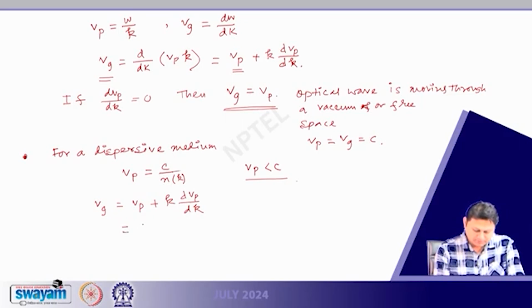So I have Vp plus k, and then I need to make a derivative. Since n is a function of k, I will write d of C by n, and d of n by dk.